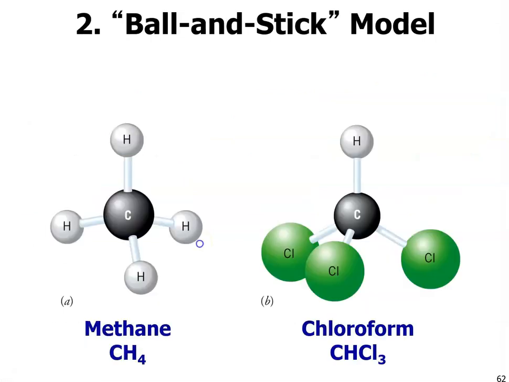We also have the ball and stick model, where the spheres don't overlap, but instead we represent that sharing with little sticks that represent electrons being shared. Here is methane on the left, with carbon in the middle, and then chloroform, where three of those hydrogens are replaced with chlorine. Those little sticks between the atoms represent electron sharing, or bonds.